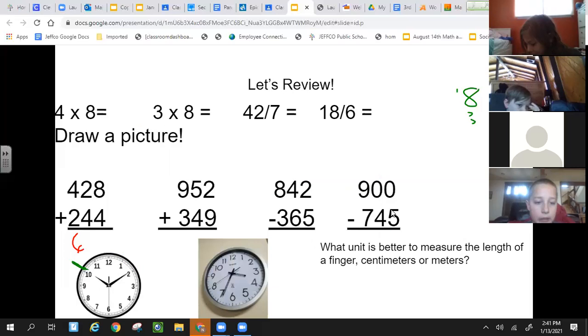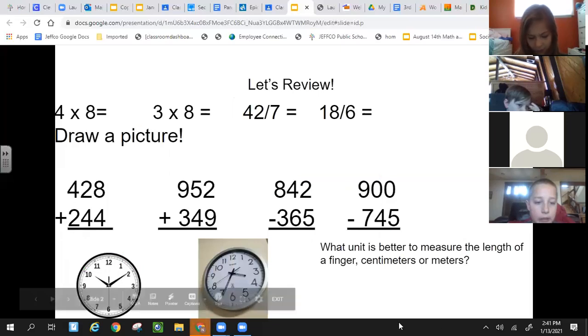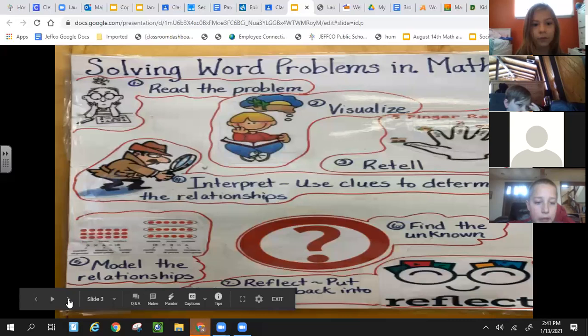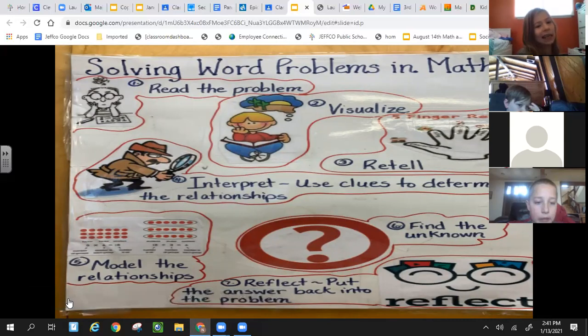Let's move on to our learning target with problem solving using data. I believe we are ready. We're going to need our math workbooks today as well. Don't get rid of that spiral. We're going to use that too. We haven't seen this image in a while. This is our reminder of when we are solving word problems, we want to read carefully. Remember to visualize what's happening.